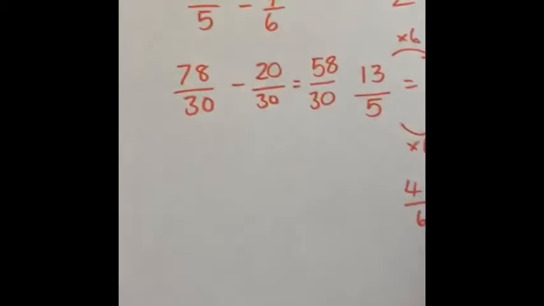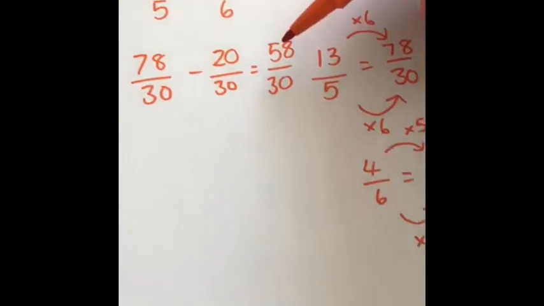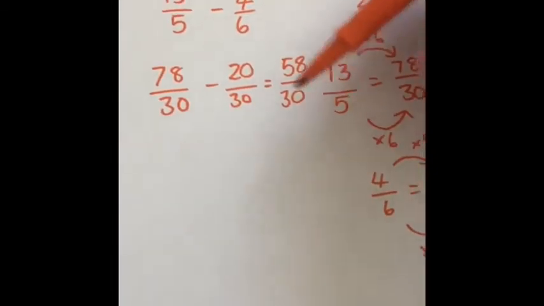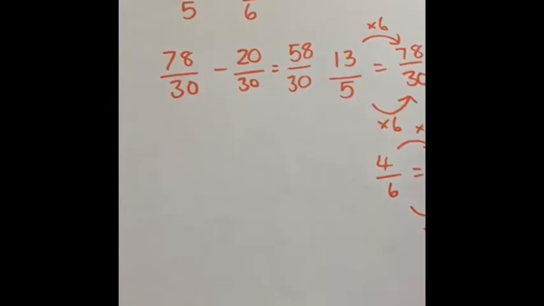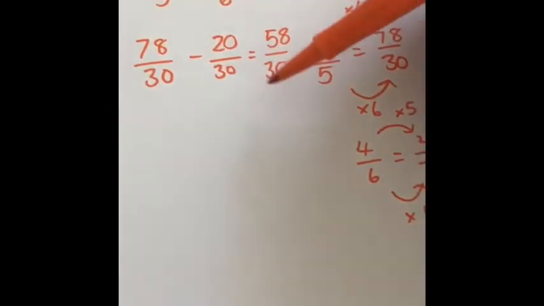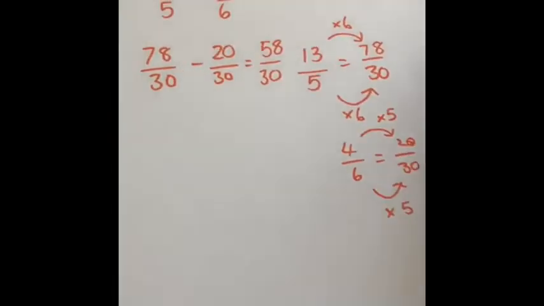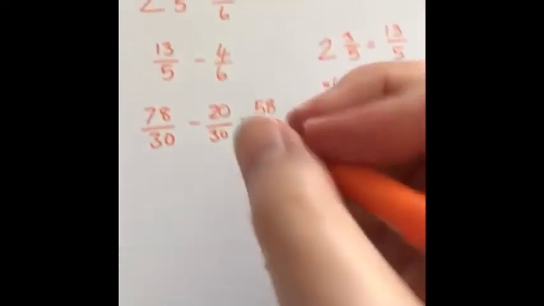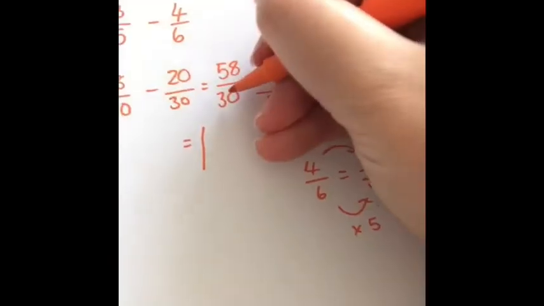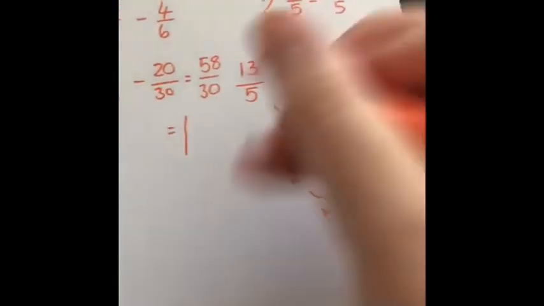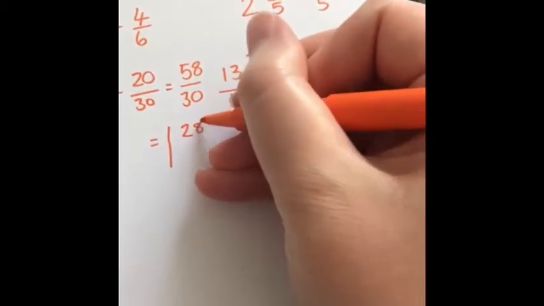Now I could leave my answer like this, but you'll notice that my numerator is larger than my denominator, which tells me I could change this back into a mixed number. So I say to myself, how many 30s can I get into 58? Well, if I count it up in 30s, 30, 60, I can only get one whole one. So I get one whole one, and I take that 30 away from 58, and I know that I've got 28 over 30.